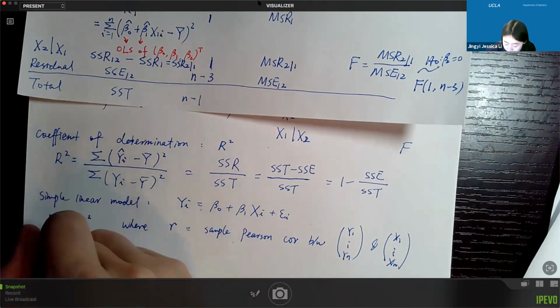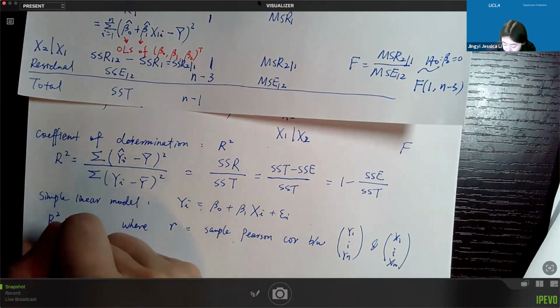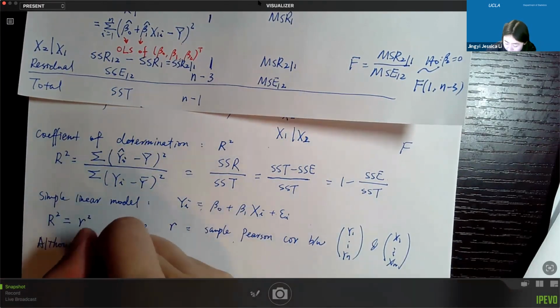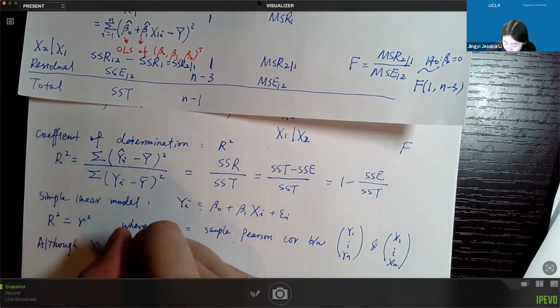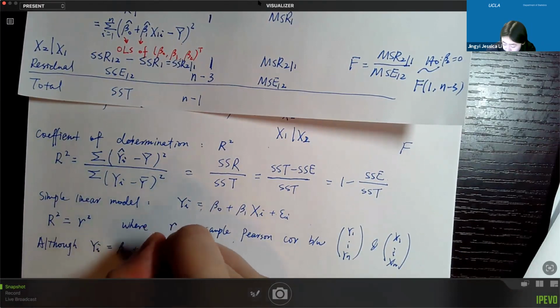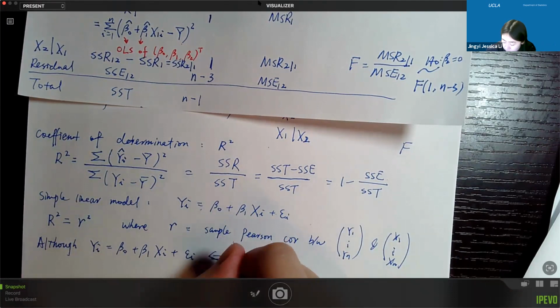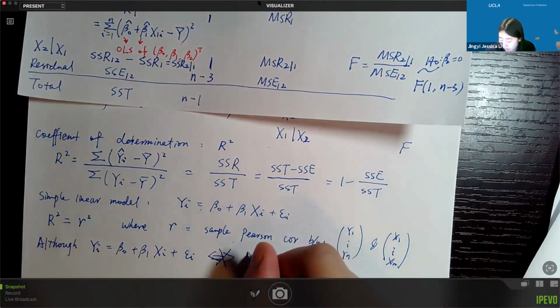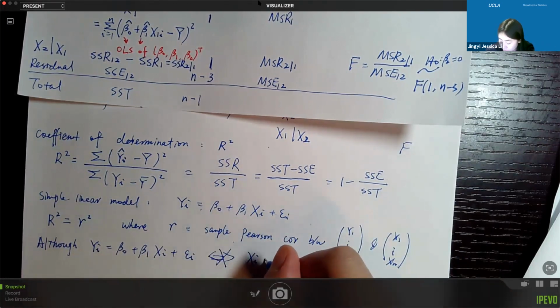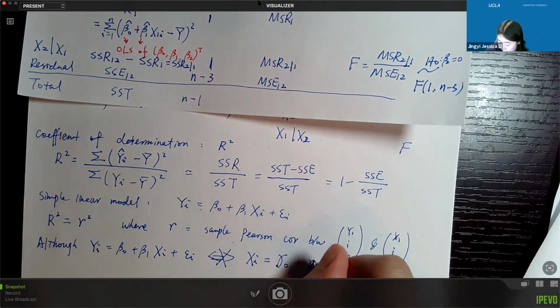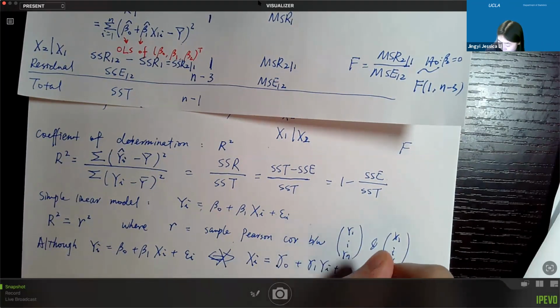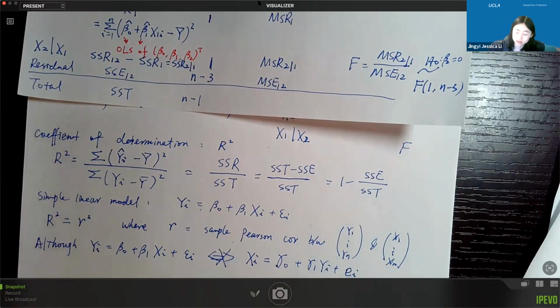Although we know that these two models, I put it here, are not equivalent to xi equals gamma 0 plus gamma 1 yi plus, let me call it, ei. Even though these two models are not the same.